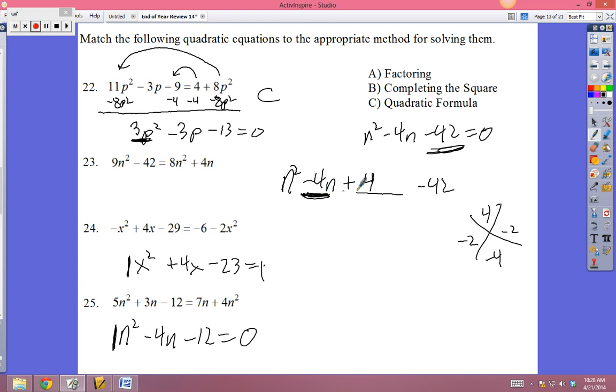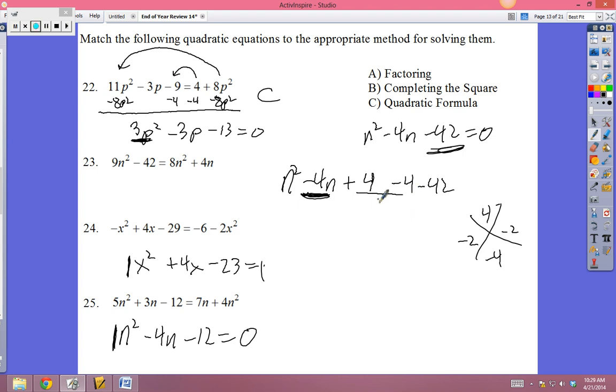But if you put a 4 here, then you got to turn around and take the 4 away, because you can't go adding 4s. If you add it to the left, you got to add it to the right. Or if you add it to the left and put a -4 right next to it, that's just like adding a 0. So either way is legal.